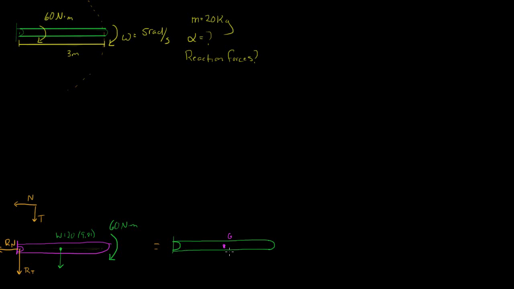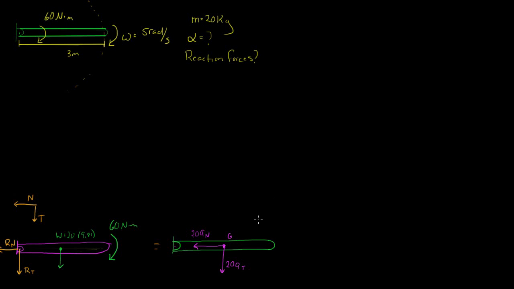I'm going to have a normal component of acceleration that points back towards the fixed axis. So right here, it's going to be 20 times my normal acceleration, and I'm rotating downward, in this clockwise direction, so my tangential acceleration is going to be straight down, and this is going to be my tangential component of acceleration.